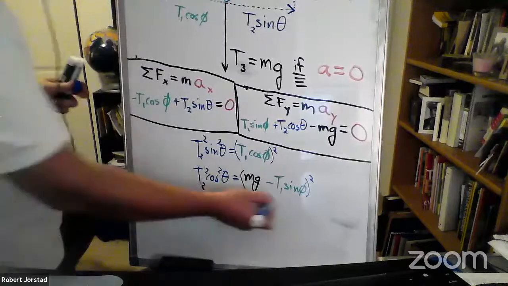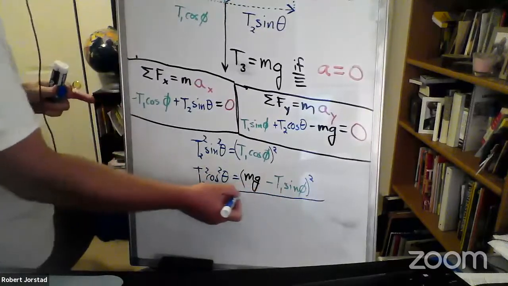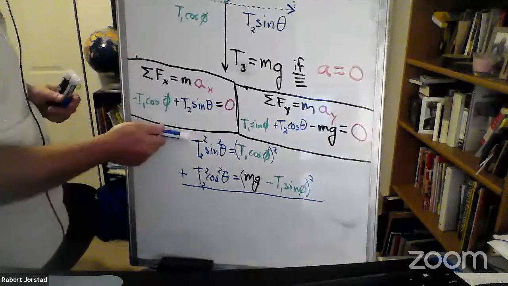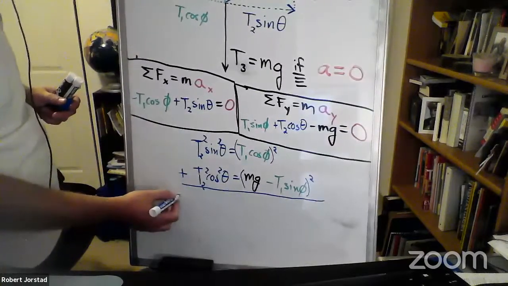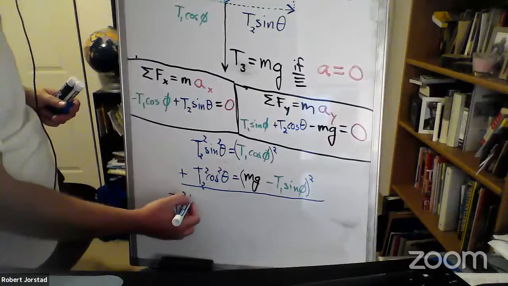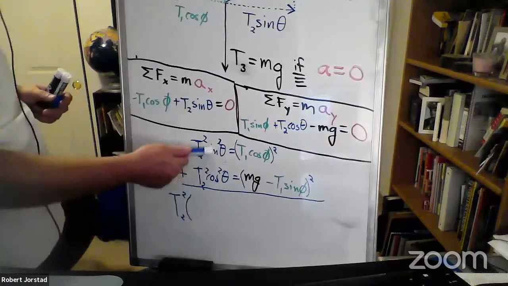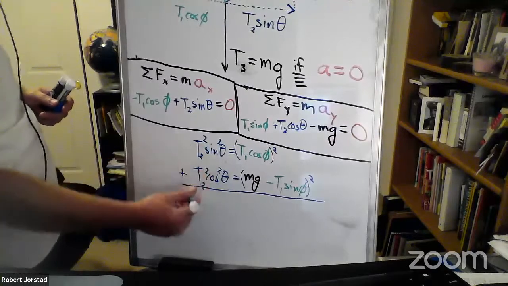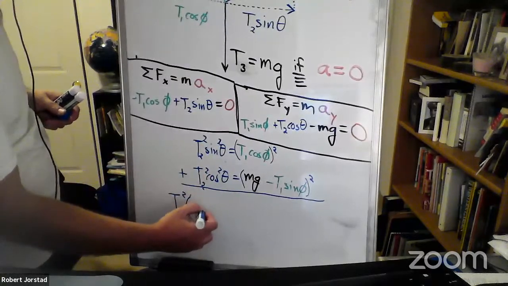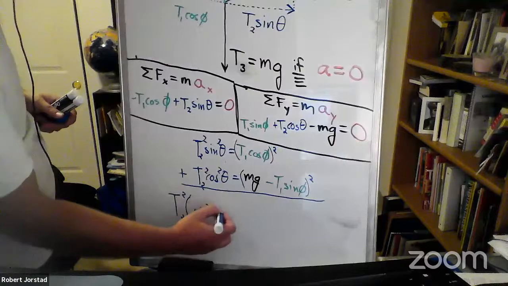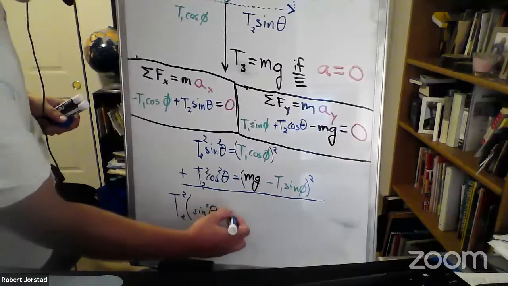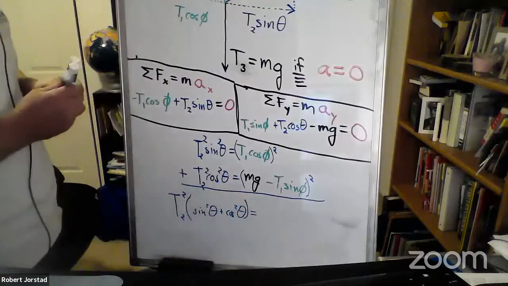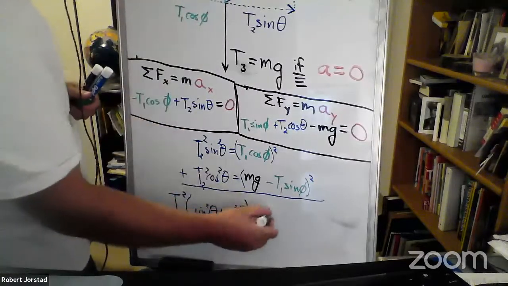Now what happens if I square these equations and add them together? The T2 squared can factor out. What's left, if I factor out the T2 squared, equals a bunch of other stuff.